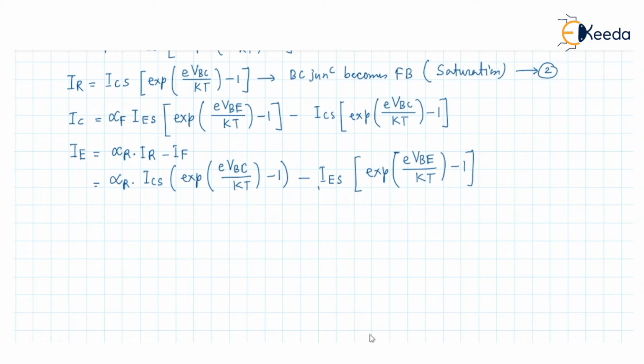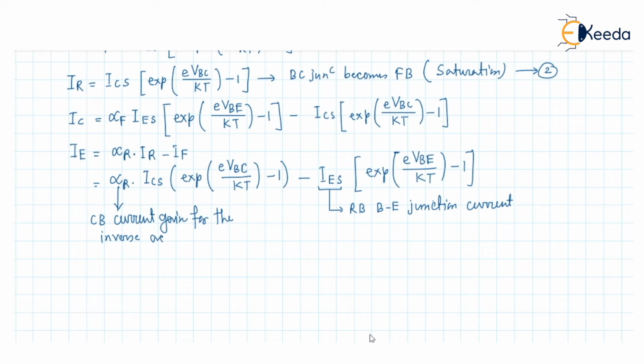This current IES is the reverse bias BE junction current, and alpha R is the common base current gain for the inverse active mode.